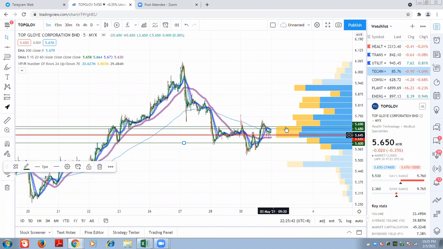Make sure the price is above this range. For free, it offers you only 3 indicators that can be fixed in the chart.